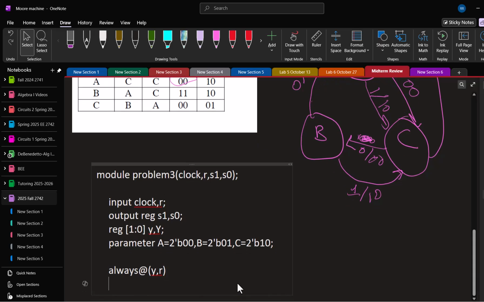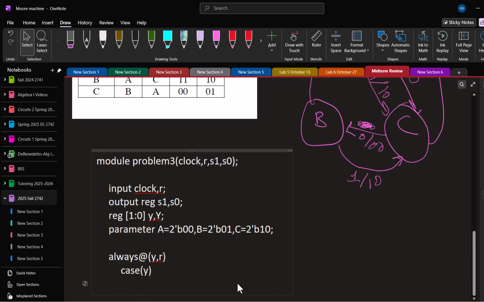And this is the format you'll use for any finite state machine, anytime you have to do one. So I'm not going to have a begin and end because the only thing I'm going to have in here is a single case statement. And it's going to be case y, because it's always case, the variable for the current state. A colon.